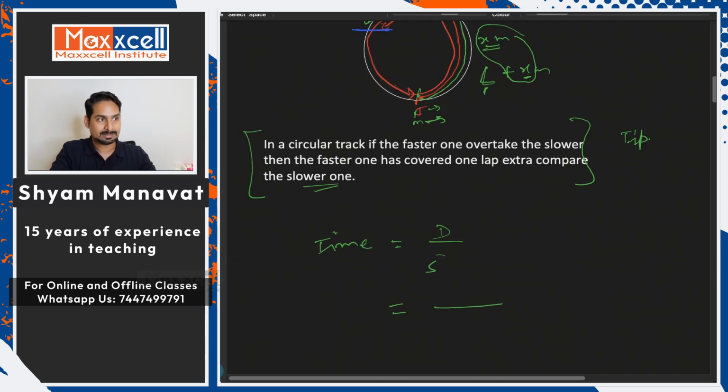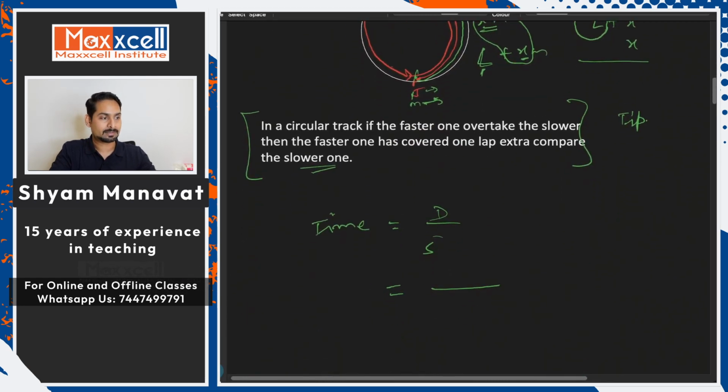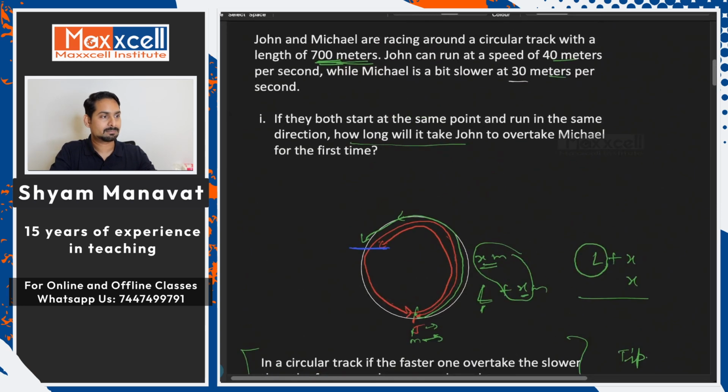If you look at the distance, John has covered L plus x, where Michelle covered only x. So relatively John has to cover one lap extra. So as a distance here we will consider only the length of this track. Lap means one complete circle, the circumference, the length of this track, which is 700.